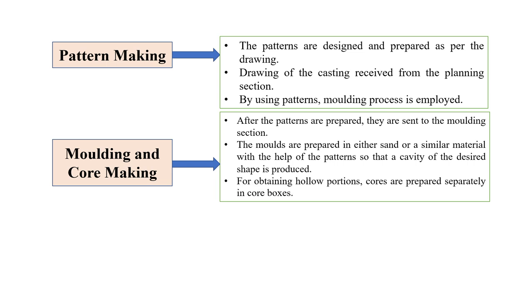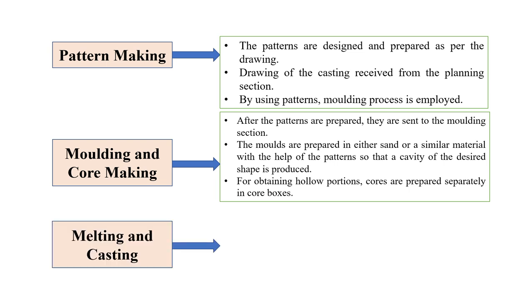For obtaining hollow portions, cores are prepared separately in boxes. So the core is generally prepared separately. Then after the preparation, it should be baked and put in the drag part of the mold.